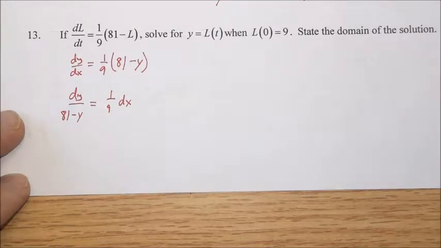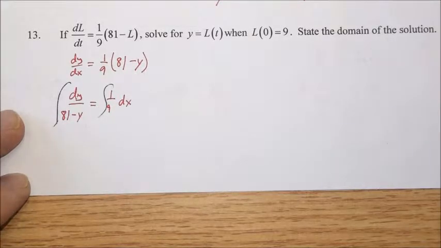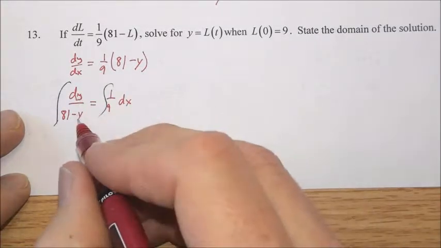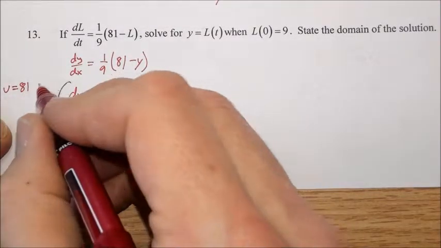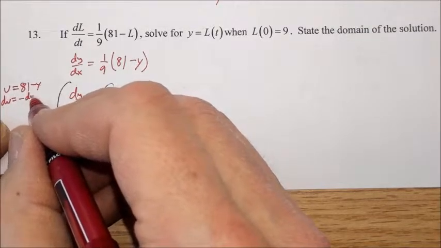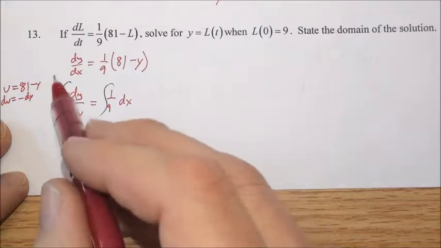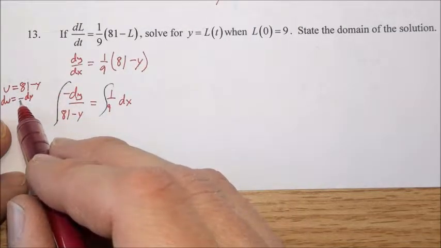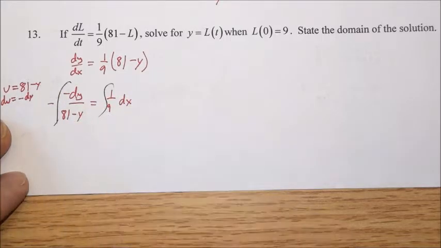When it comes time to do our antiderivative, we're going to do natural log again. But this time, in essence, we have sort of u equal to 81 minus y, which means du will be the opposite of dy, which means we need a negative sign right here. This minus sign is leading to that minus sign, which means we need a minus sign here, and we also need a negative sign there.